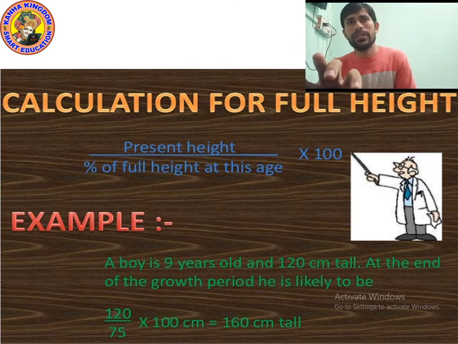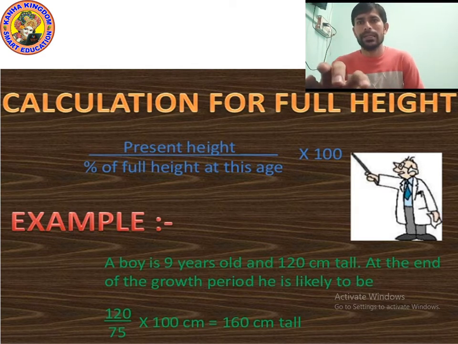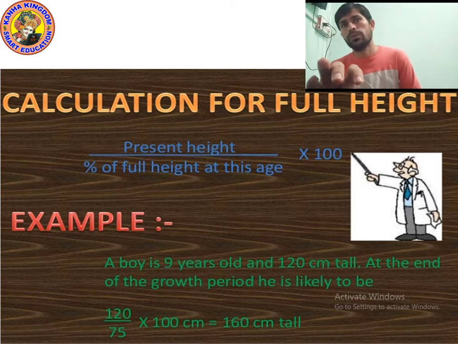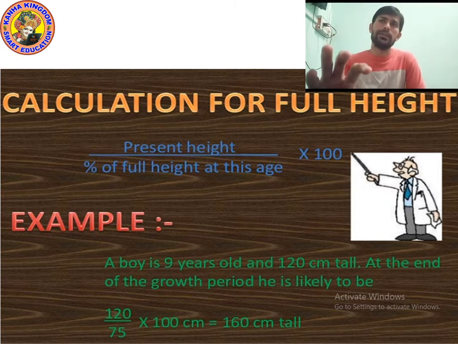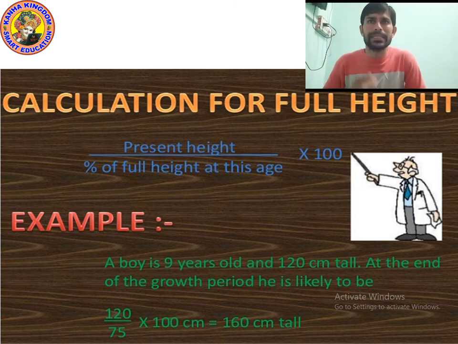For example, as you can see, the example written is that a boy is 9 years old and 110 centimeter tall. At the end of the growth period of life, he is likely to be... So what will be his height? We'll use the formula: present height. What is the present height? 120 centimeter.